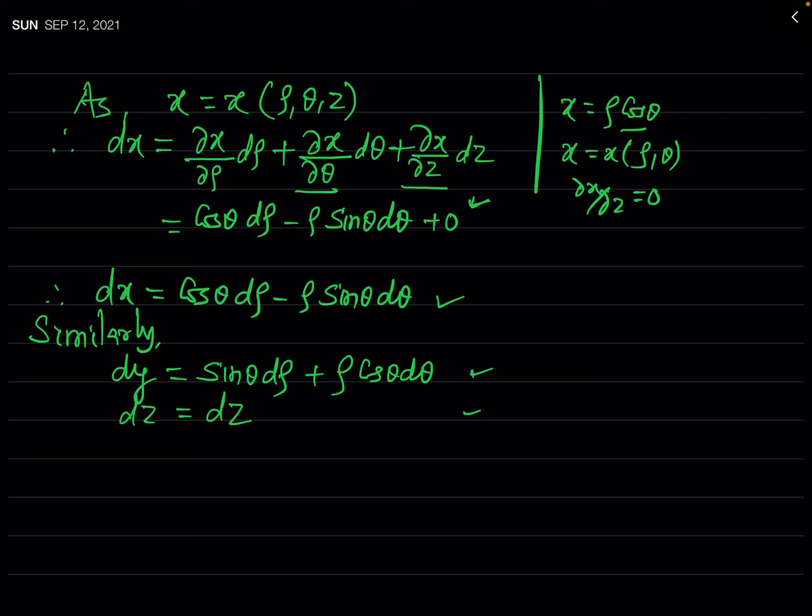So in this way you can find the values of dx, dy and dz. Now in a particular manner you can find the arc length and the volume element, and from the expression of arc length you can obtain the scale factors h1, h2 and h3 in this case. So let us first see the expression for arc length.